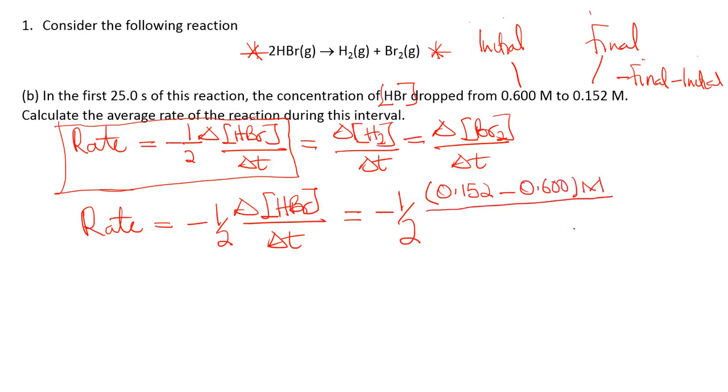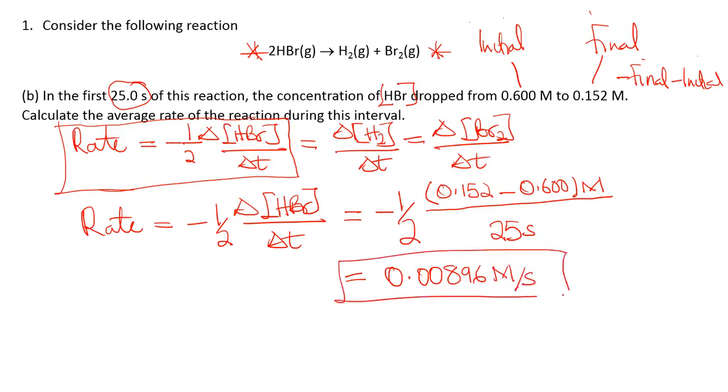That's the change in concentration. And the change in time is given here, 25 seconds. So when you work this out, you are going to have 0.00896 molar per second. So this is the average rate of this reaction.